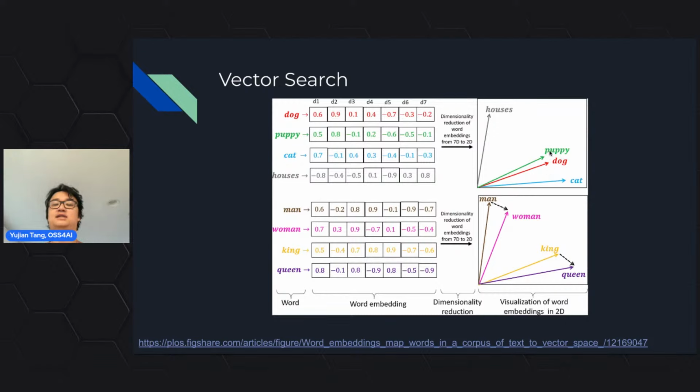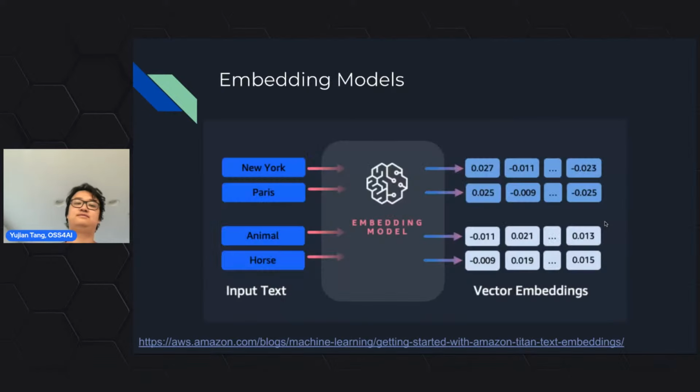Next to them is cat, which is pretty close to dog and a little further from puppy, but still pretty close. Then we see houses, which, although a lot of people have puppies, dogs, and cats in their house, don't have much to do with them. So houses is further away from puppy, dogs, and cats than they are from each other. Basically, you're taking a bunch of numbers, doing some math, and trying to find some distances.